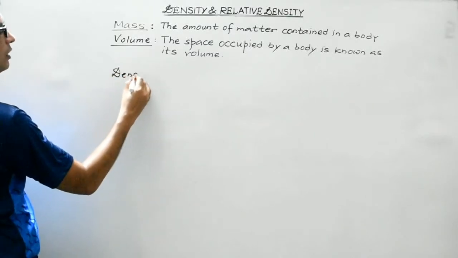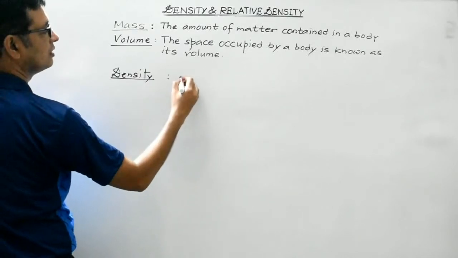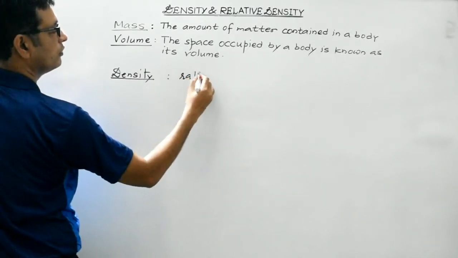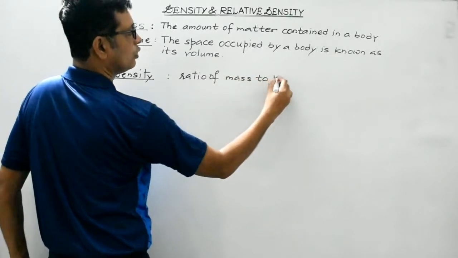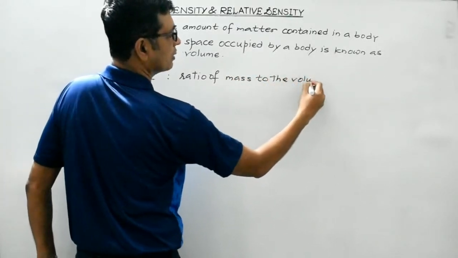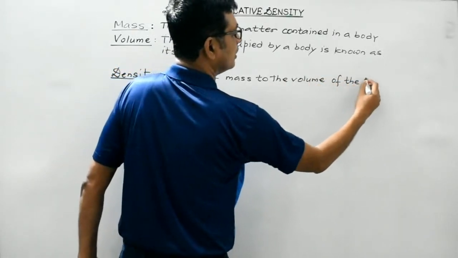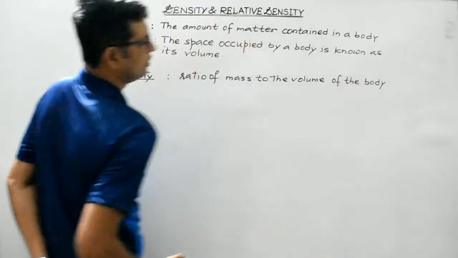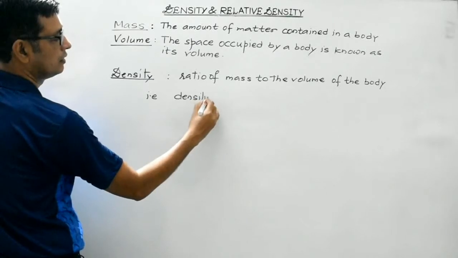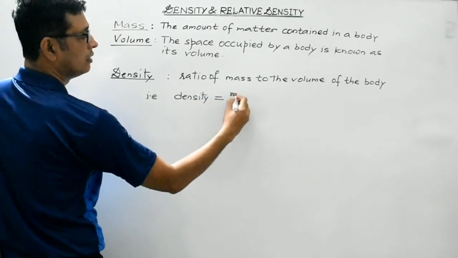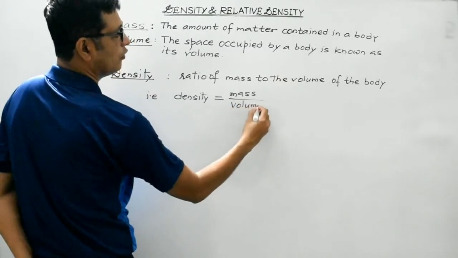It is defined as the ratio of mass to the volume of the body. That is, mathematically, density would be given by mass of the body divided by its volume.